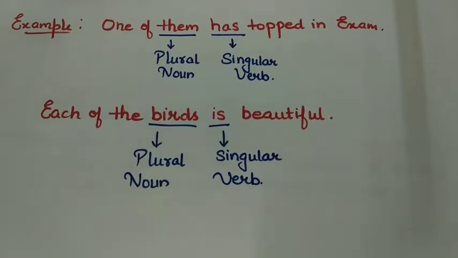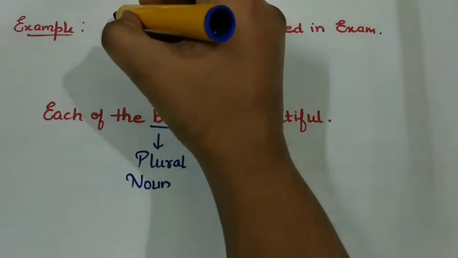So here comes the example, and the example says, one of them has topped in the exam. Them is representing a plural noun and has is a singular verb. Means I am talking about several people who have given the exam, but only one of them has topped. Now I am talking about only one, right?